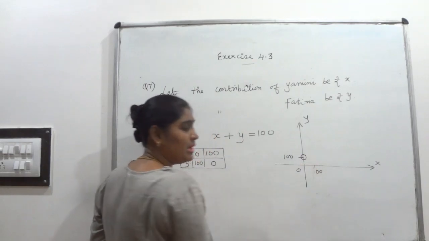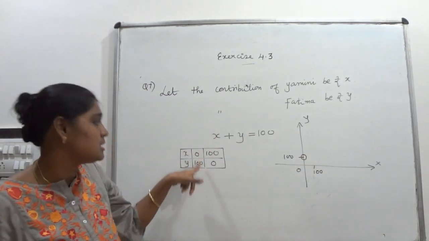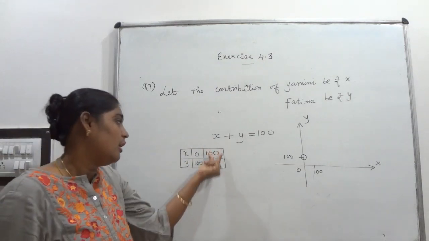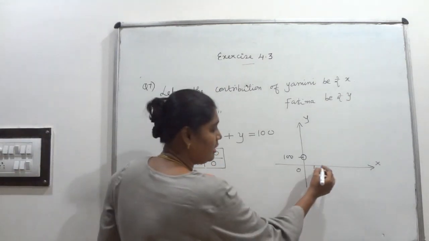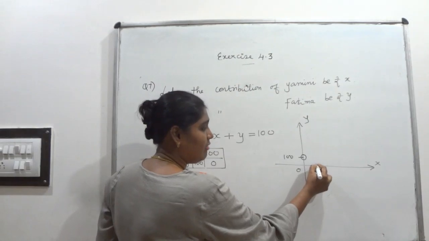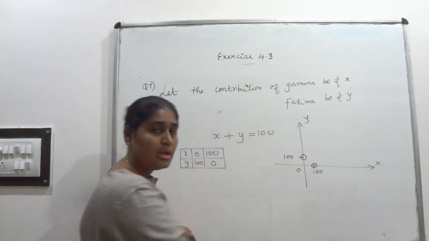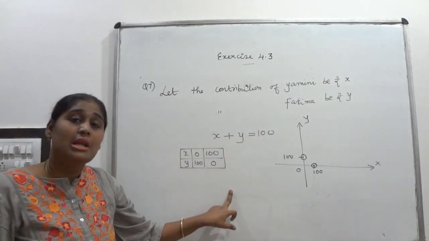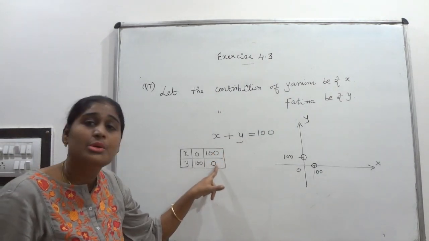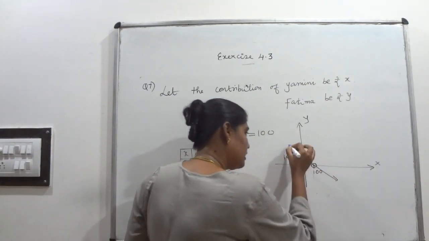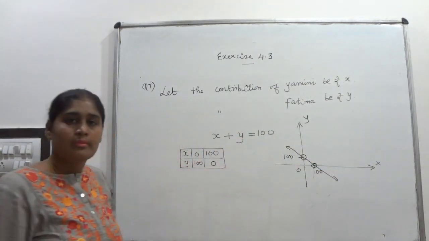So the point will lie on the y-axis because the x value is 0. Then go for 100 comma 0. 100 in the x-axis, y value is 0. So the point will lie on the x-axis only. Why does the point lie on the x-axis? The y value is 0, that's why. Join these 2 points, that's all. I got a line equation. Thank you.